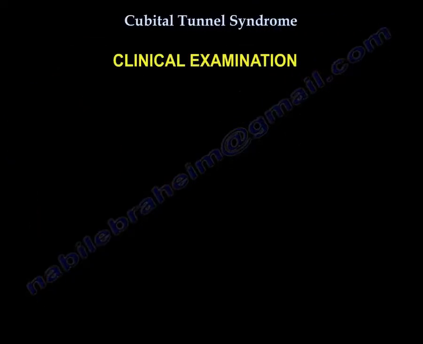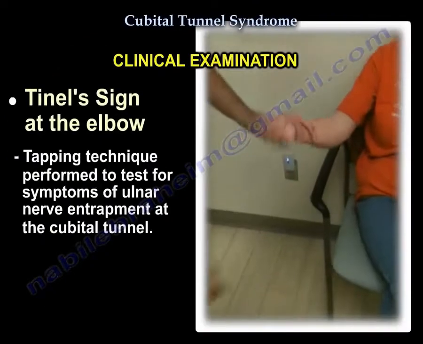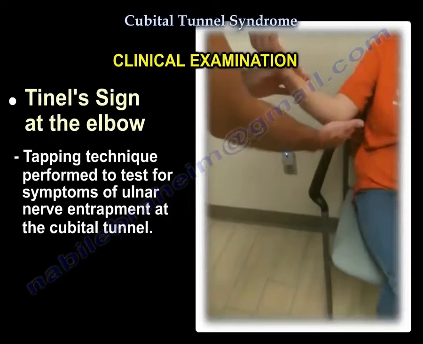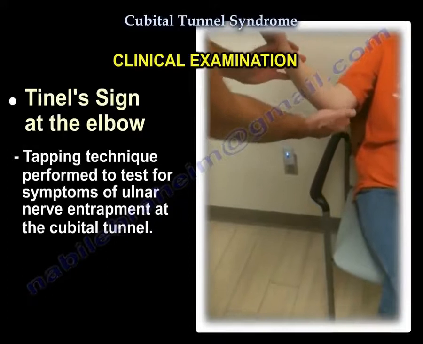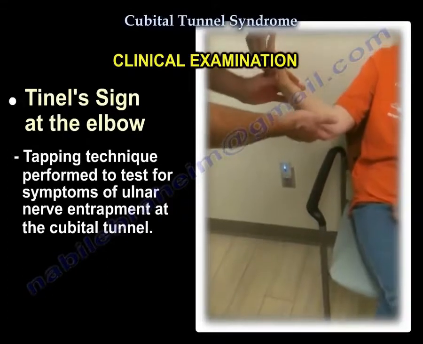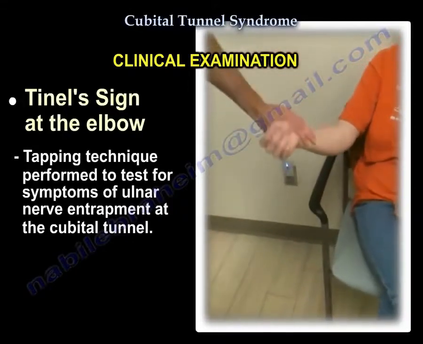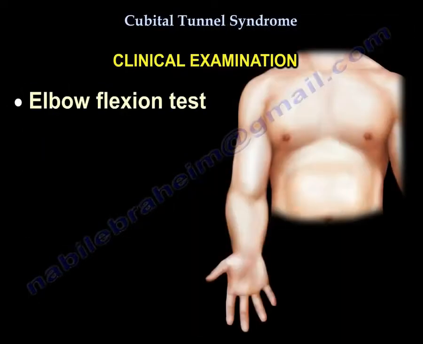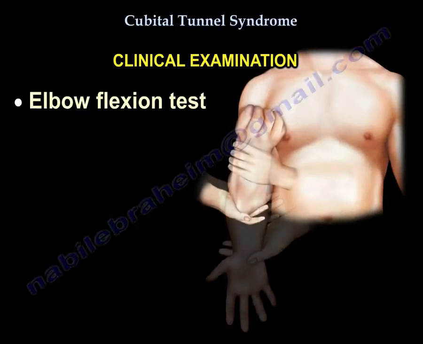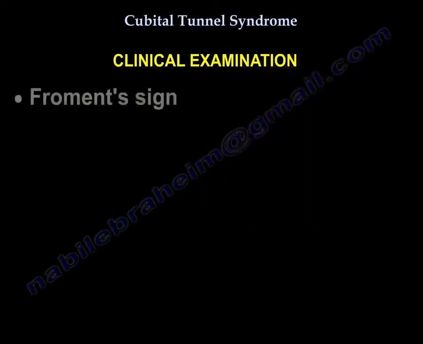Clinical examination: Tinel's sign at the elbow. Tapping technique is performed at the medial elbow over the nerve to test for symptoms of ulnar nerve entrapment at the cubital tunnel. Elbow flexion test. Froment's sign.